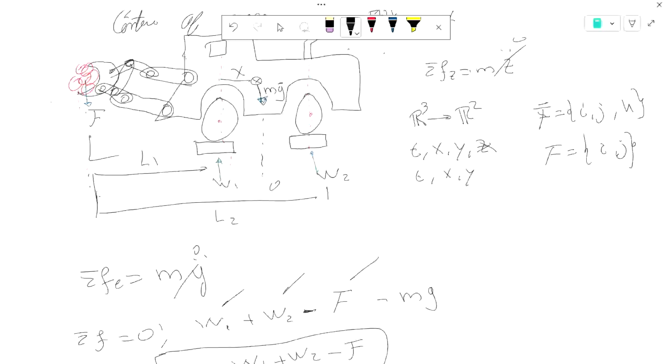So this is my coordinate system, X, Y, my origin. And what is this distance? Lx.